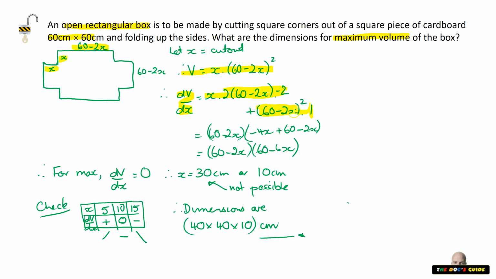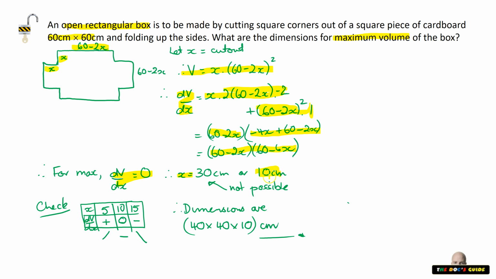Now we can take out 60 minus 2x as a common factor, and that will leave us minus 4x from the first term and one of the 60 minus 2x's from the second term. So we get to this as our expression. Now we can see that to make dV/dx equals 0, what we want is either x equals 30, which makes no sense because we'd be cutting corners out which took the whole side of the box, or x equals 10 centimeters.